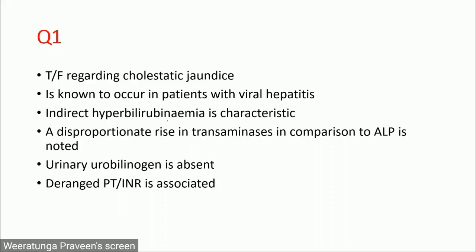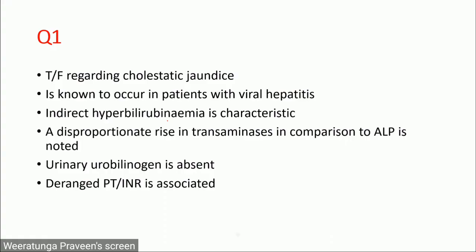The first option is: known to occur in patients with viral hepatitis. Now this we talked about during the appointment. Viral hepatitis can present with a predominantly hepatocellular pattern, where there is a lot of hepatocyte necrosis and death, but it can also present with a cholestatic pattern.